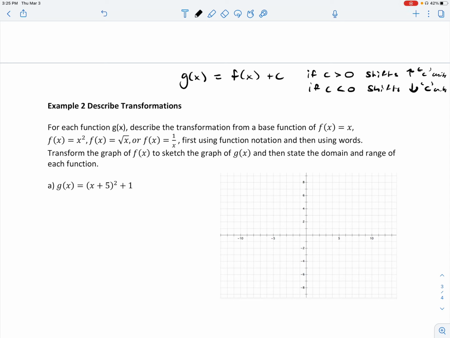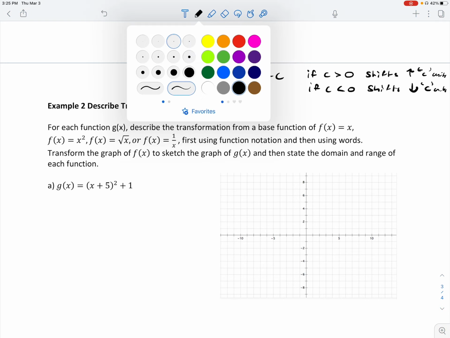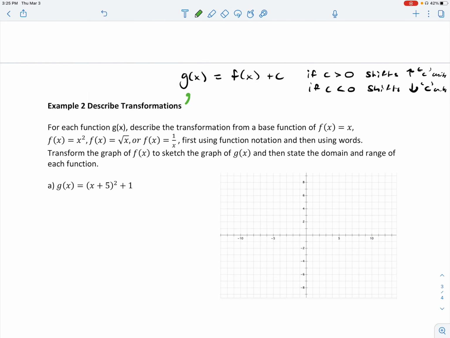The other transformation that can happen is if we take the base function and manipulate x before it gets processed, so we subtract a parameter d from it. If d is greater than 0, this shifts right d units. I'm just using the arrow to save a little bit of space.